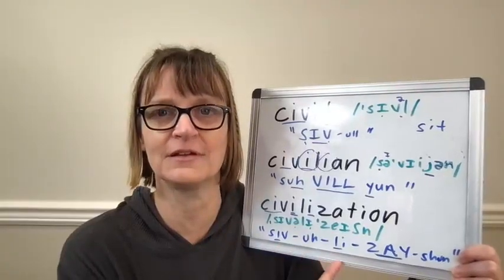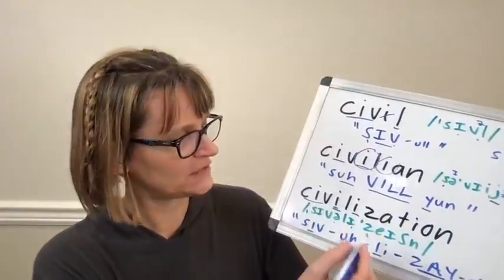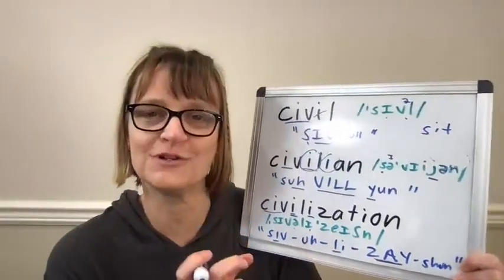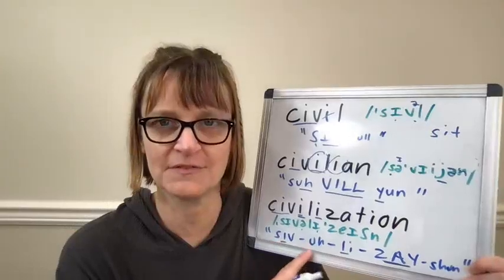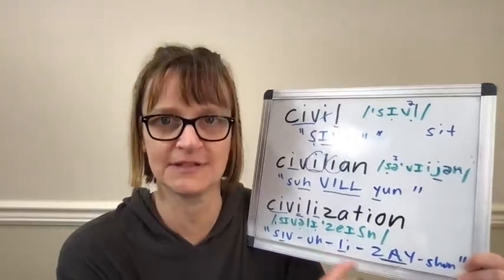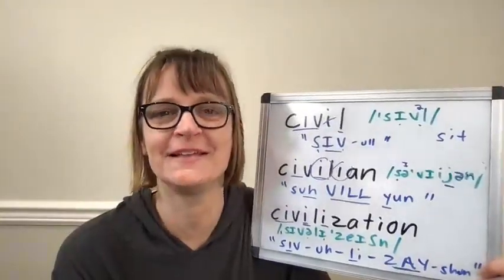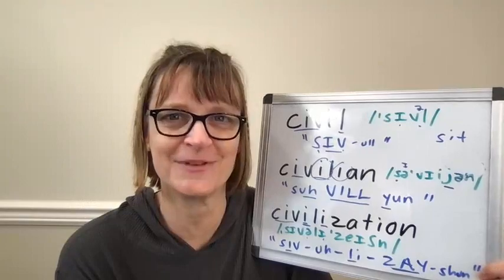So you want civili or civala. It doesn't matter too much if I'm using a schwa here or an I sound. They're all going to be reduced vowels, which is part of why they go by so quickly. So civilization, civilization.